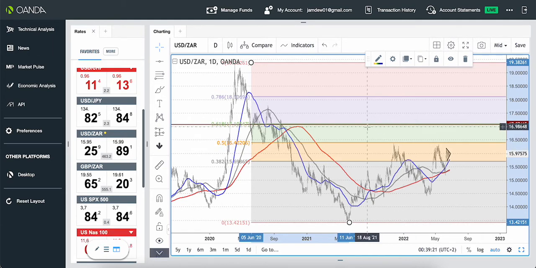That level there at 17, apart from being a round number, which is important, price gets attracted to round numbers. It's also double the length of this. It will be, when it ends up at 17, if it does, double the length that we've already got in front of us here on the left-hand side. So in other words, the distance from the breakout to that target level at 17 will be roughly equal to the size of that first move up until that point.